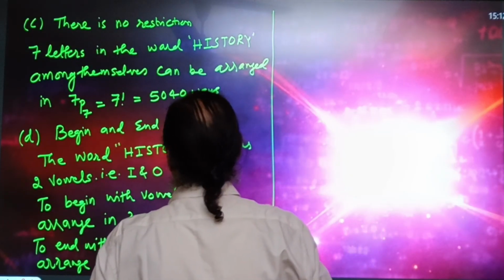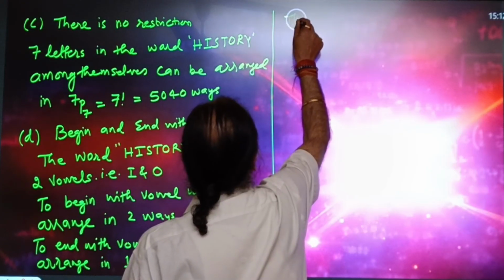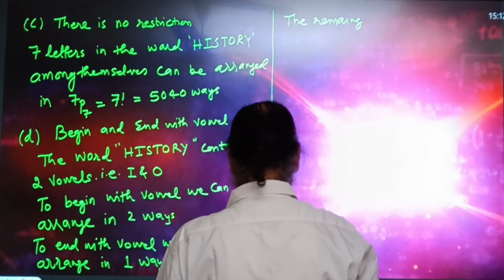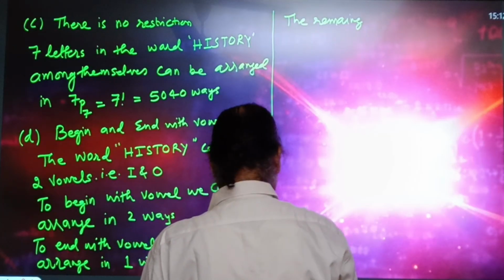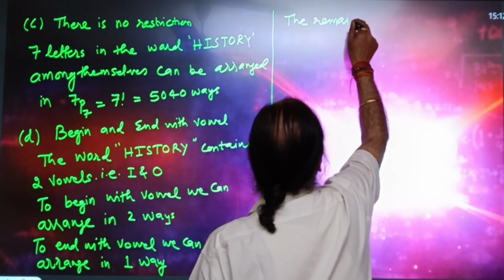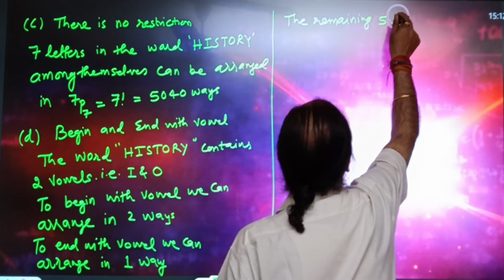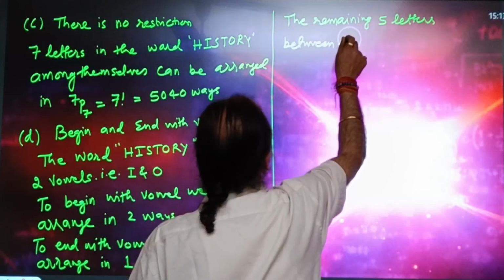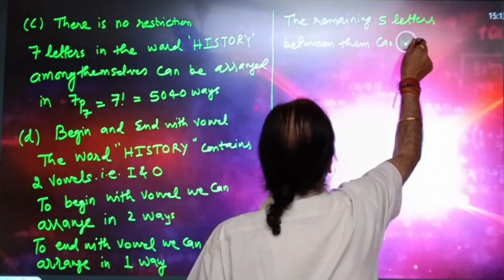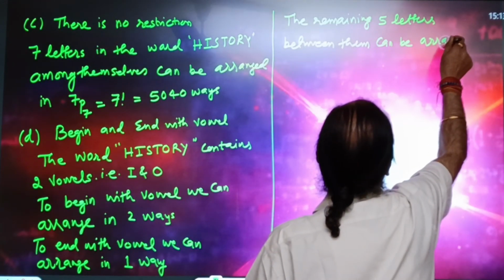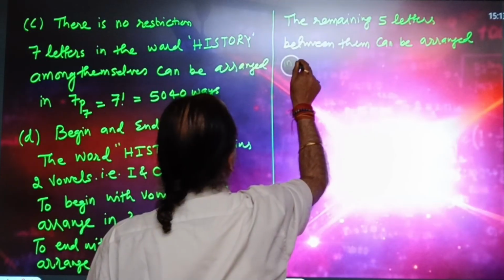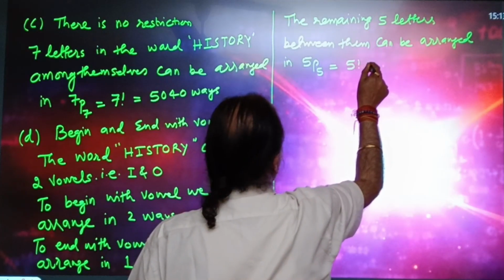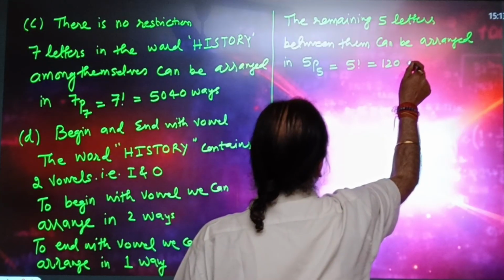The remaining five letters between them can be arranged in 5P5, 5 factorial, 120 ways.